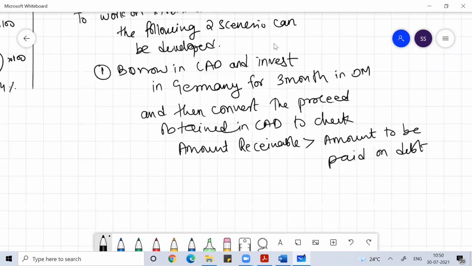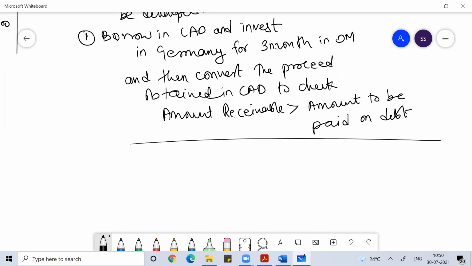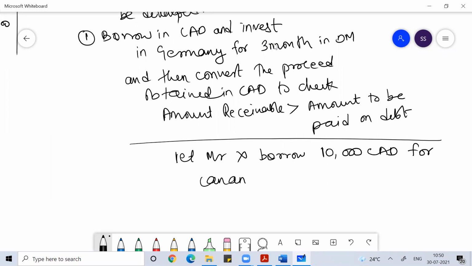So here what I'll do, I'll borrow in Canadian dollar. Let Mr. X borrow 10,000 Canadian dollar from a Canadian bank. I'm doing the arbitrage possibility. Because the time given here is 3 months, I'll take 3 months into consideration.